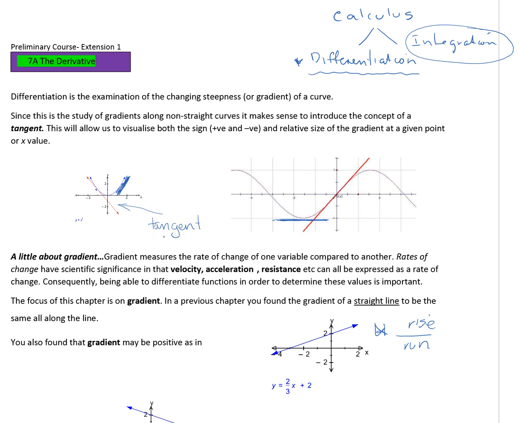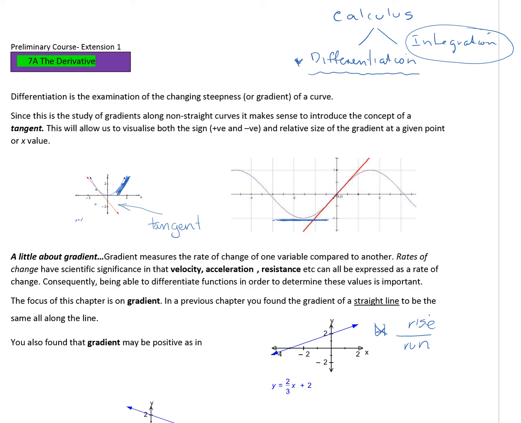You're often asked to get the equation of the tangent. However, initially, think about this red line as just being a visual representation of what is happening at a particular point. The definition of a tangent is that a tangent touches at one point only.